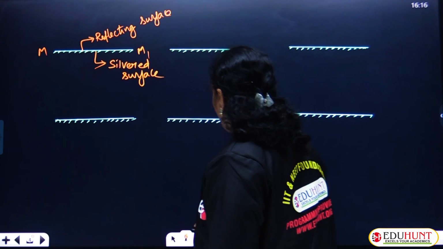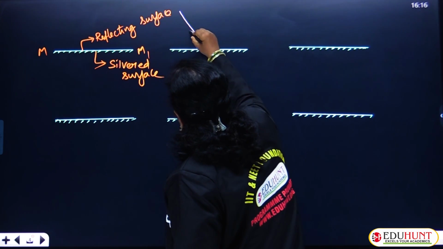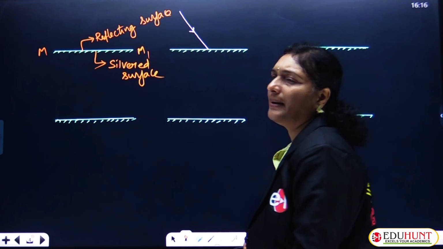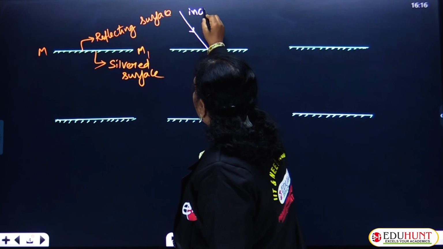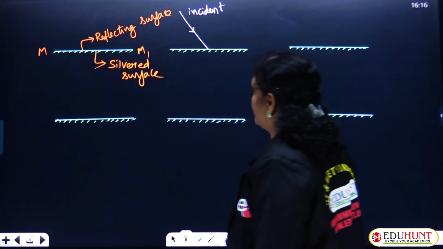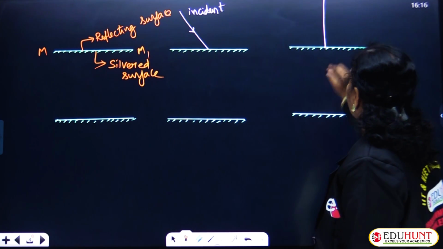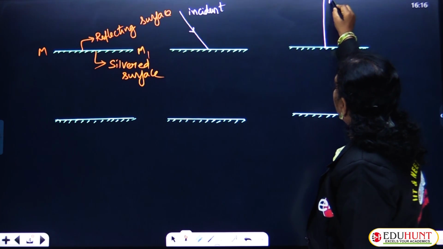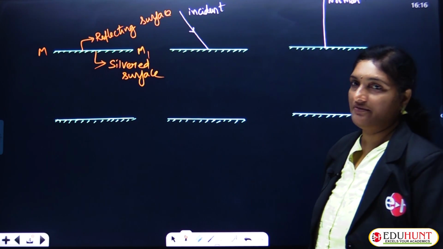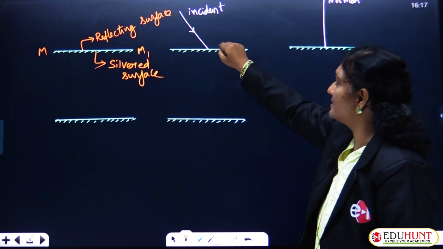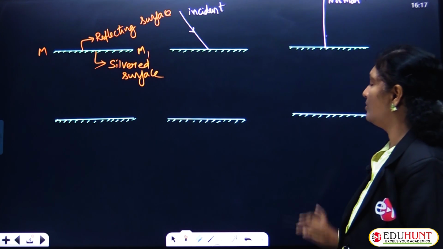Suppose some light ray falls on the mirror at some particular angle. This is called the incident light. If you draw a perpendicular to this mirror, then the perpendicular drawn to the surface is always called the normal. This is the normal, the perpendicular, and this is the light ray.